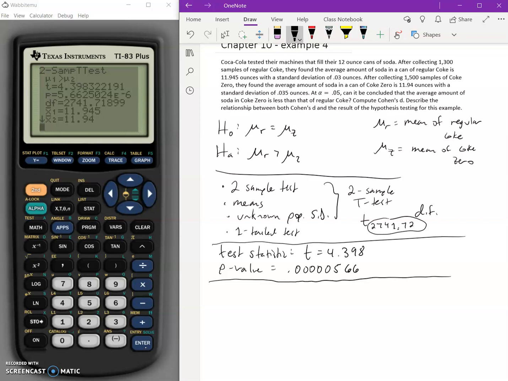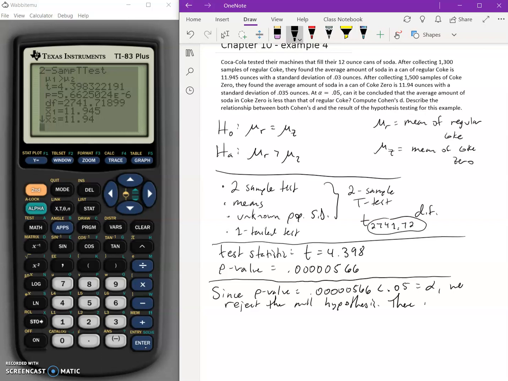So what we can say now is that since the p-value, which is equal to 0.0000566, is less than 0.05, which is the alpha value, we reject the null hypothesis.